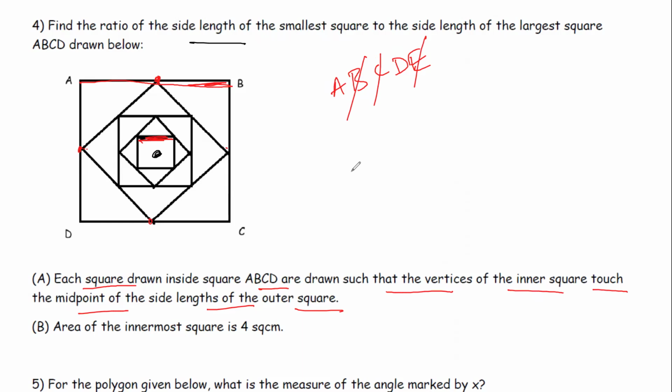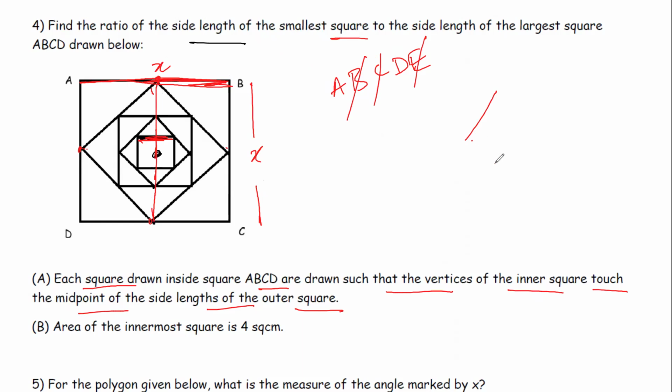How? Let's assume that the outer side is X. Even this is X because it's a square they're talking about. Now if that is X, then this X is the diagonal of the inner square.